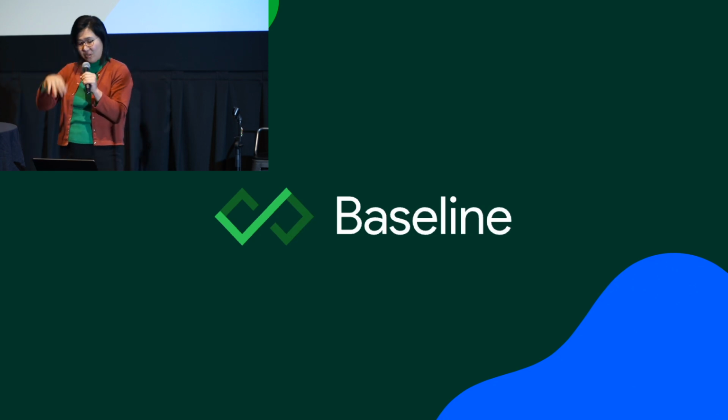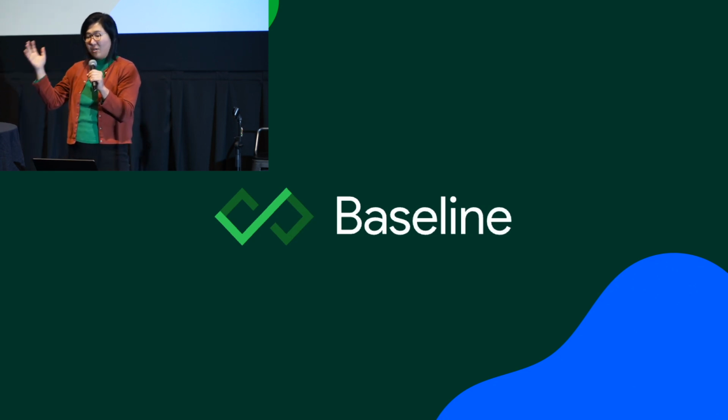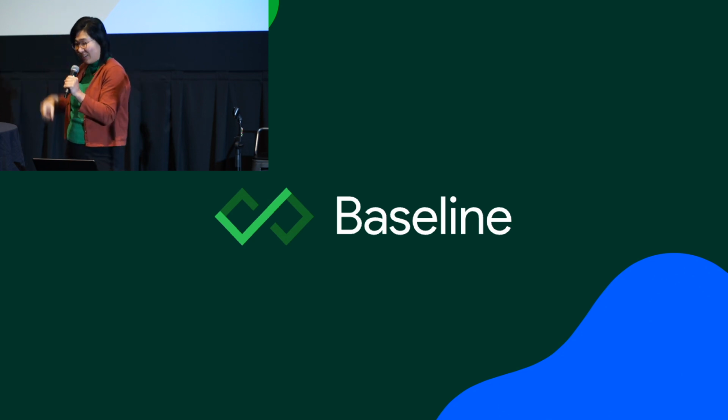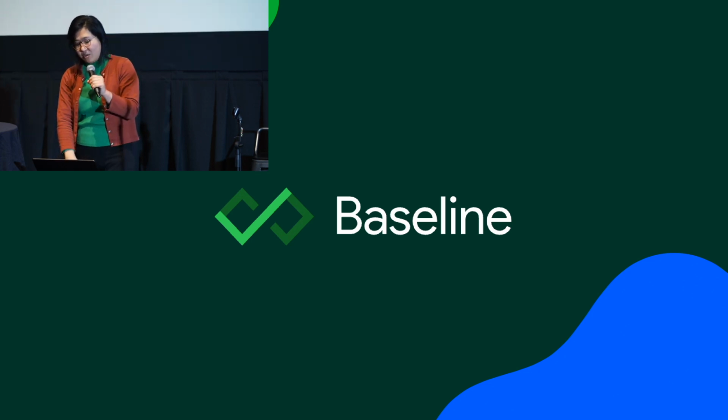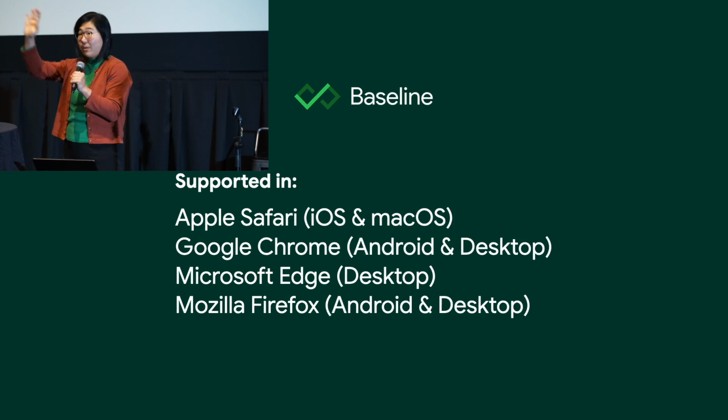It's a way to version the web features. So let me explain. What is Baseline? Baseline gives you clear information about which web platform features work across our core browser set today. The core browser set is the major browsers, both desktop and mobile.